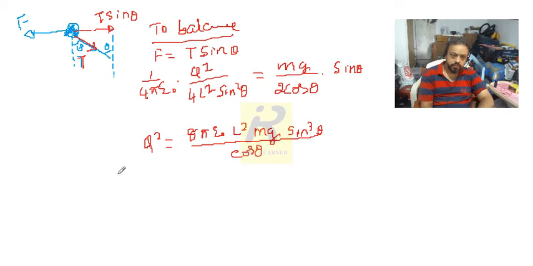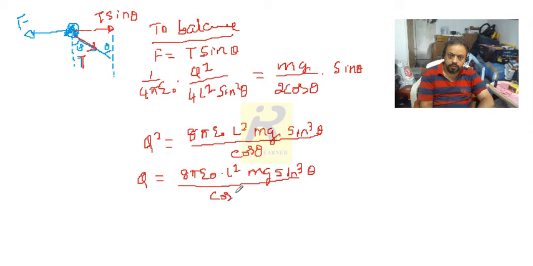This will be Q square. So Q is the square root of 8 pi epsilon O L square mg sin cube theta divided by cos theta. This will be the answer.